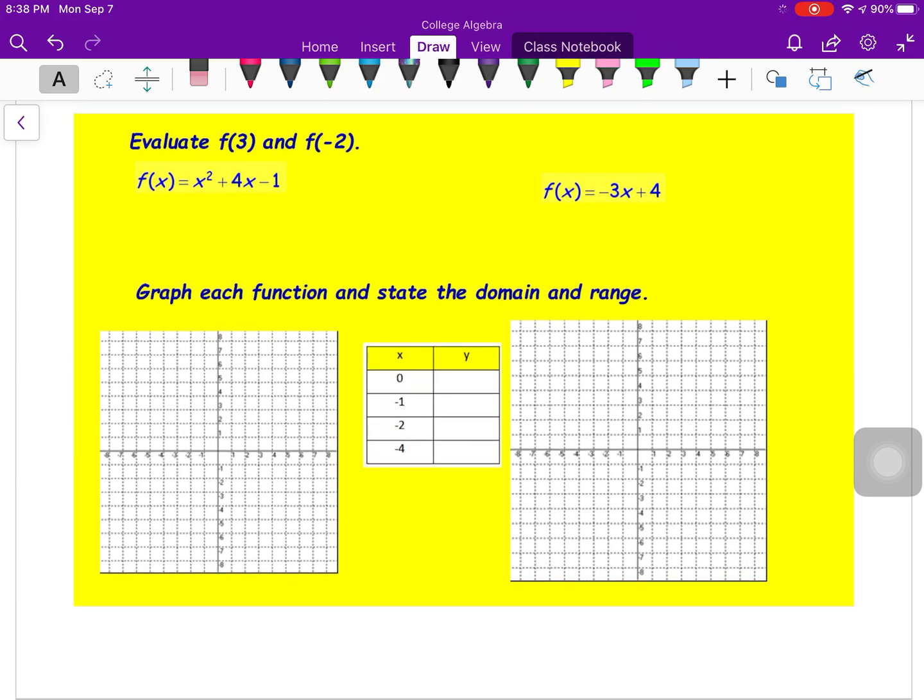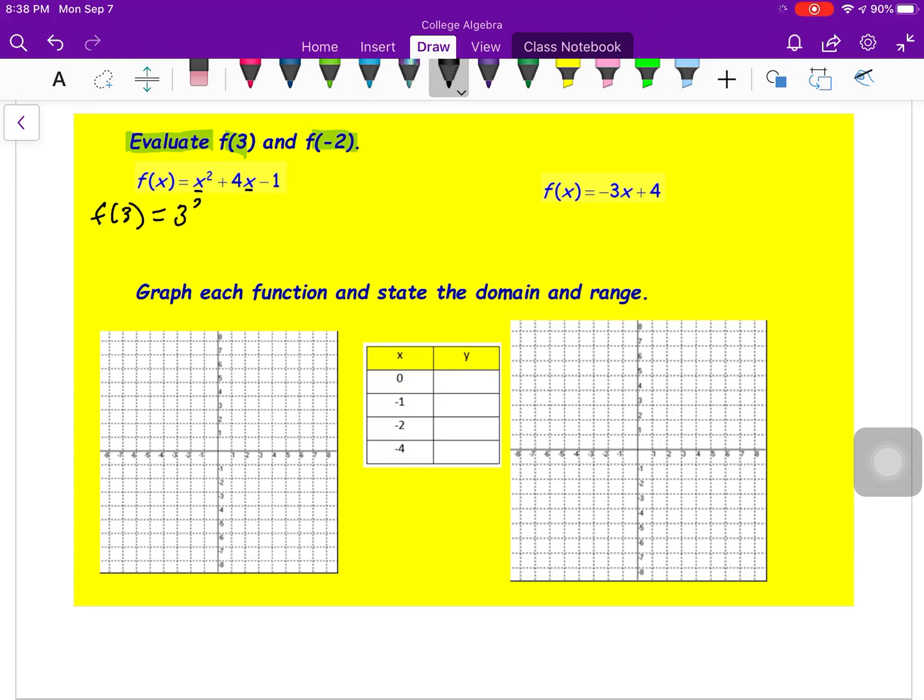Now these next directions say evaluate. So that means we're going to find the value of a function at some given x value. Well, it says evaluate f of 3 and f of negative 2. So first we will do f of 3. So we are going to substitute 3 into all of these x spots.